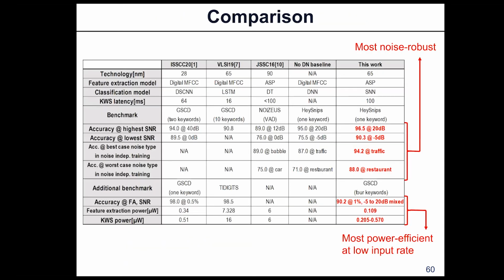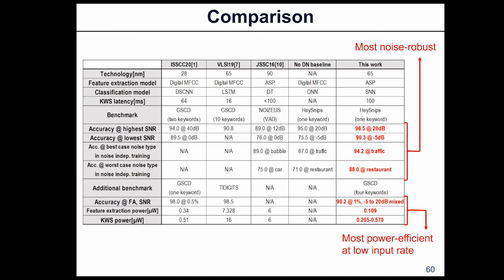Okay, so a quick comparison. There are multiple keyword spotting works: ISSCC 2020, VLSI 19, JSSC 16, and we also have this column of the no divisive normalization baseline that we created artificially. Then we compare their performance here. As you can see, not many works actually even present their accuracy at lower SNR levels for different noise types, because they know that the result is not good, right?